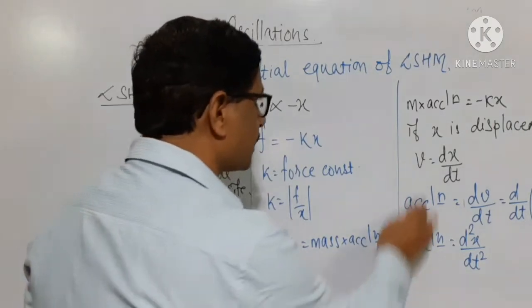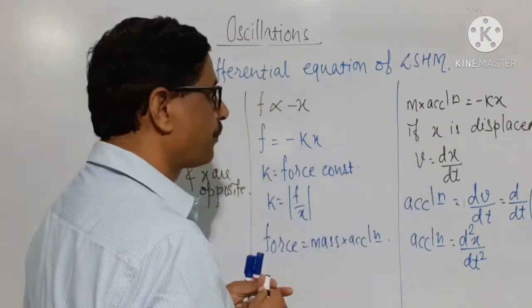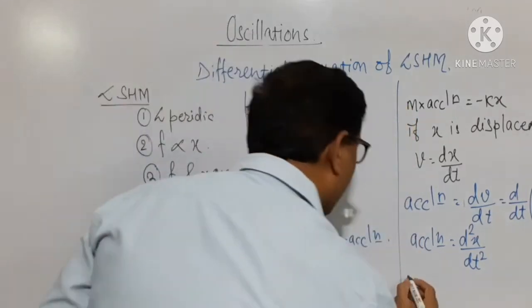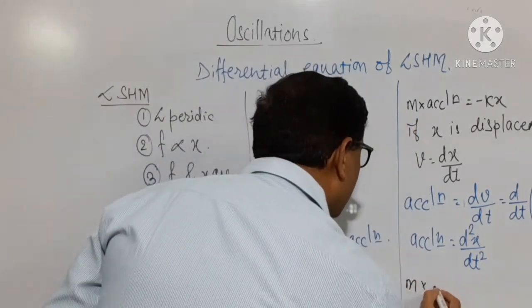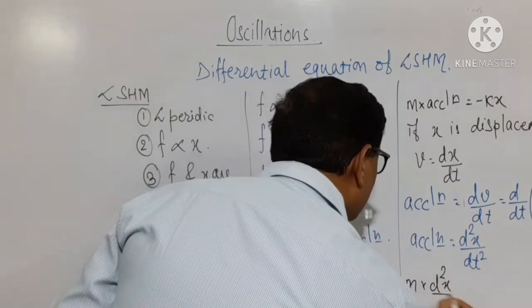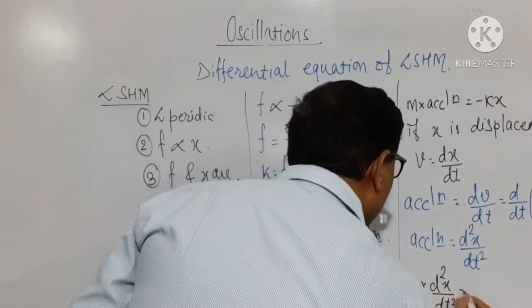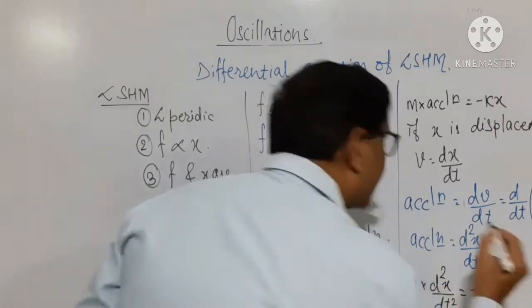And using this in the equation of the simple harmonic motion, I will write it as m into d2x by dt square is equal to minus of k into x.